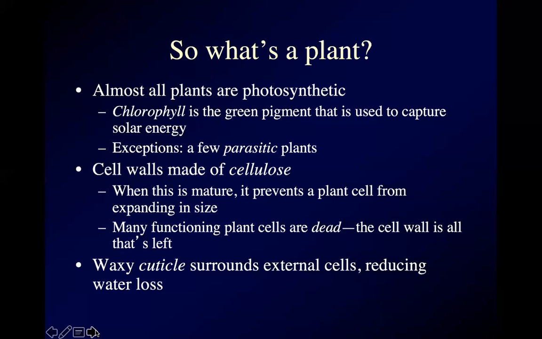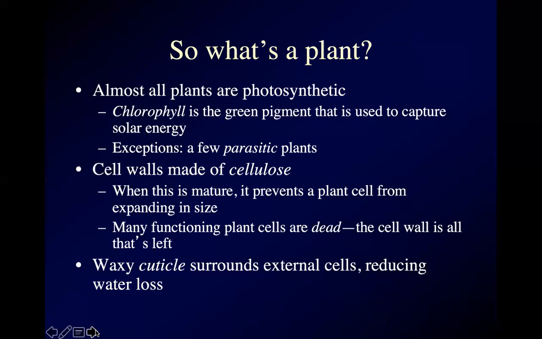The green stuff in plant leaves is called chlorophyll, and it's used to absorb solar energy, light from the sun, and convert that into a type of energy that can be used to drive chemical reactions, to drive metabolism. So plants soak up energy from the sun and build biomass out of small molecules like water and the gas carbon dioxide and a few minerals and things like that.